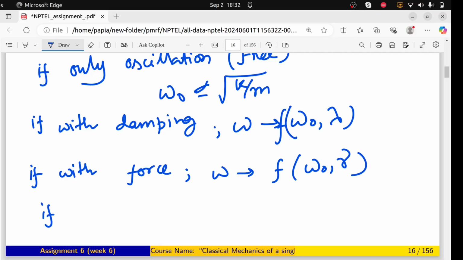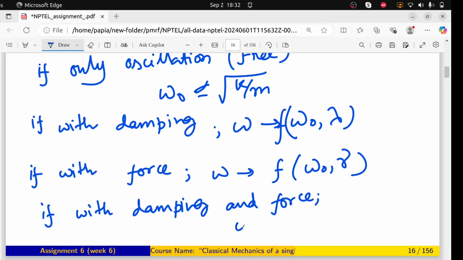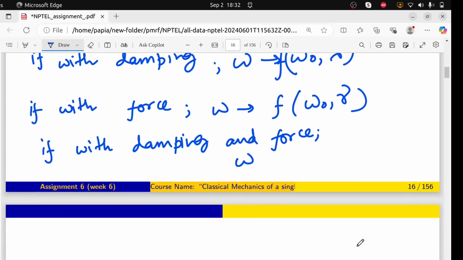Now if with damping and force, then omega is a function of omega 0, lambda, gamma.